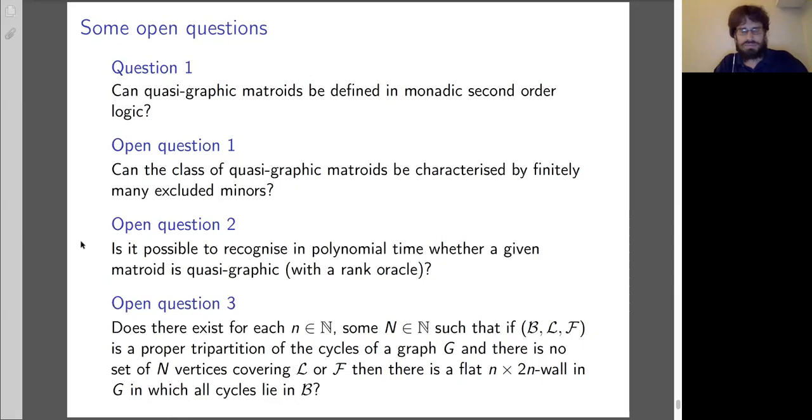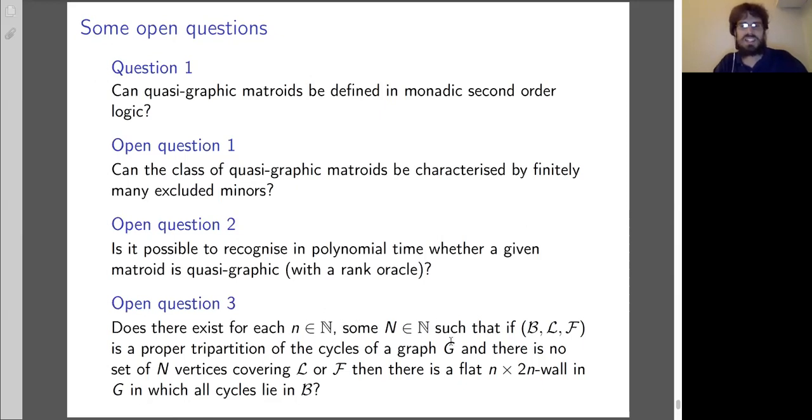And then finally, this last question somehow asks whether the constructions that I showed earlier are the only way to build quasi-graphic matroids. Sorry, to build even proper tripartitions. And this says, okay, suppose that I have some small n.